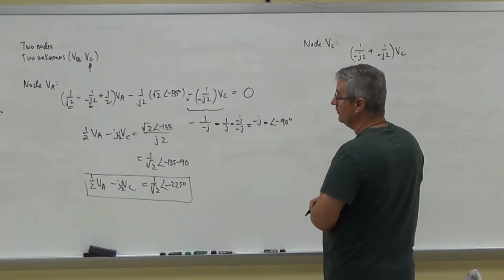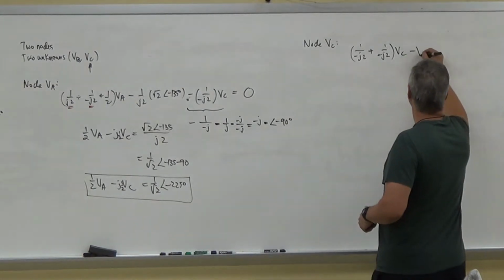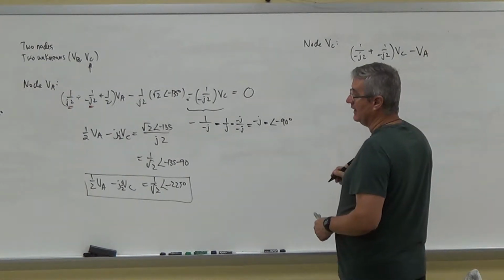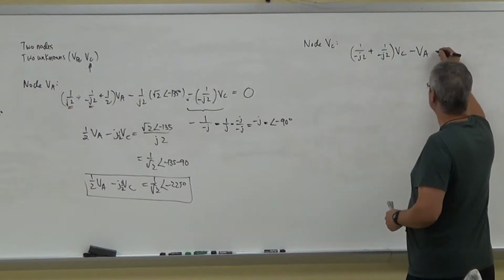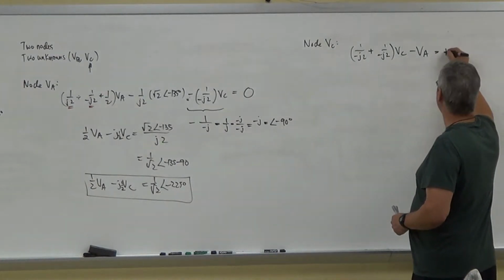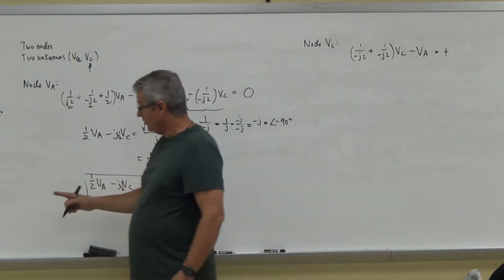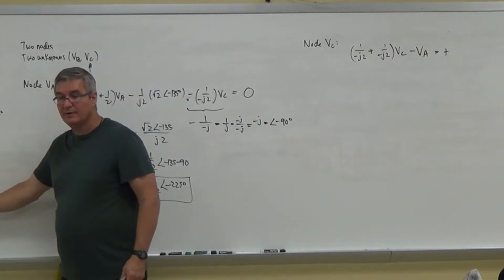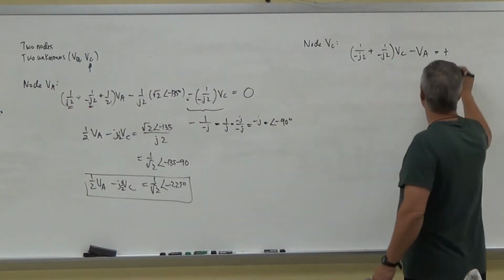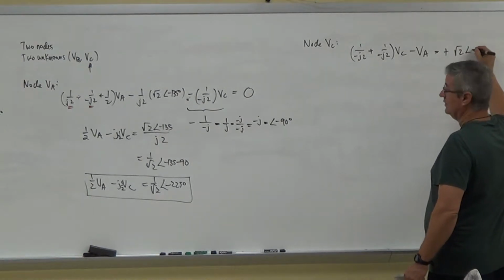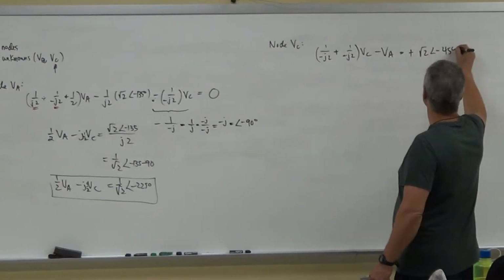I have one mutual with VA. And then I have a current source. What's my current source? Well, it's flowing into the node, so it's got to be positive. But what's that? We calculated this earlier. So this is the square root of 2 at negative 45 degrees.